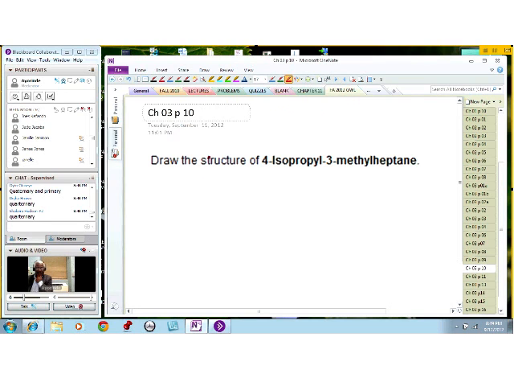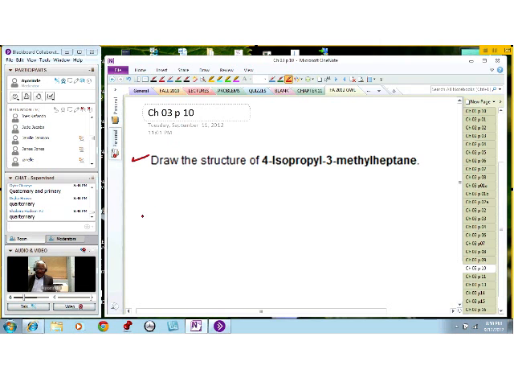Okay, somebody read this for us. Draw the structure of 4-isopropyl-3-methylheptane.